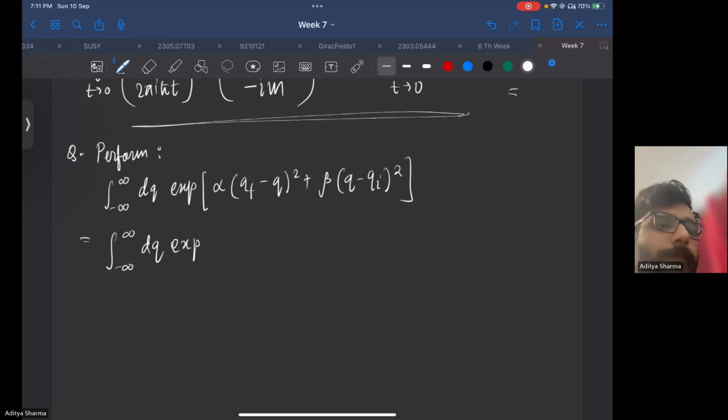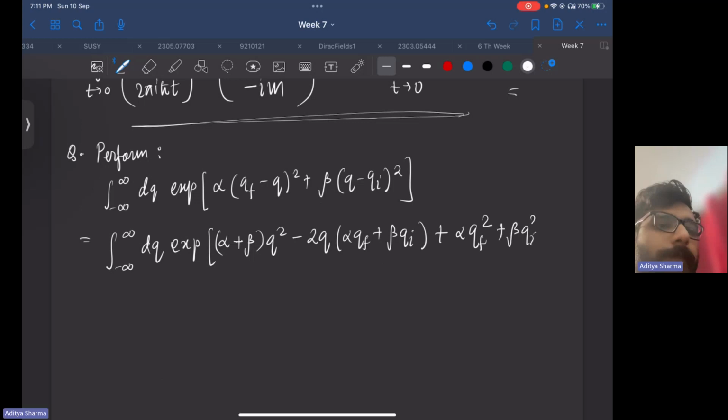So we're going to just collect the squares: alpha plus beta times q square, this term is going to come minus 2 alpha qf q, so 2q times (alpha qf plus beta qi), plus alpha qf square plus beta qi square.